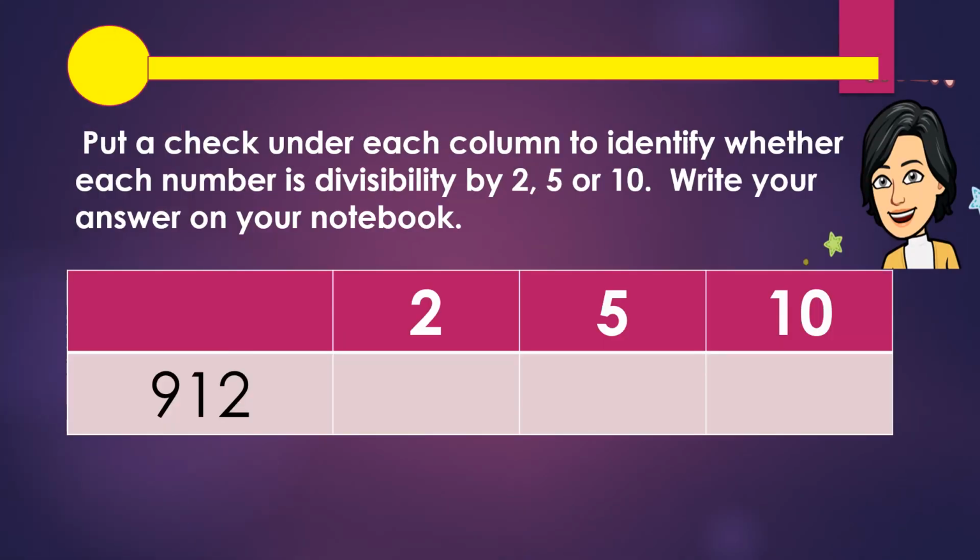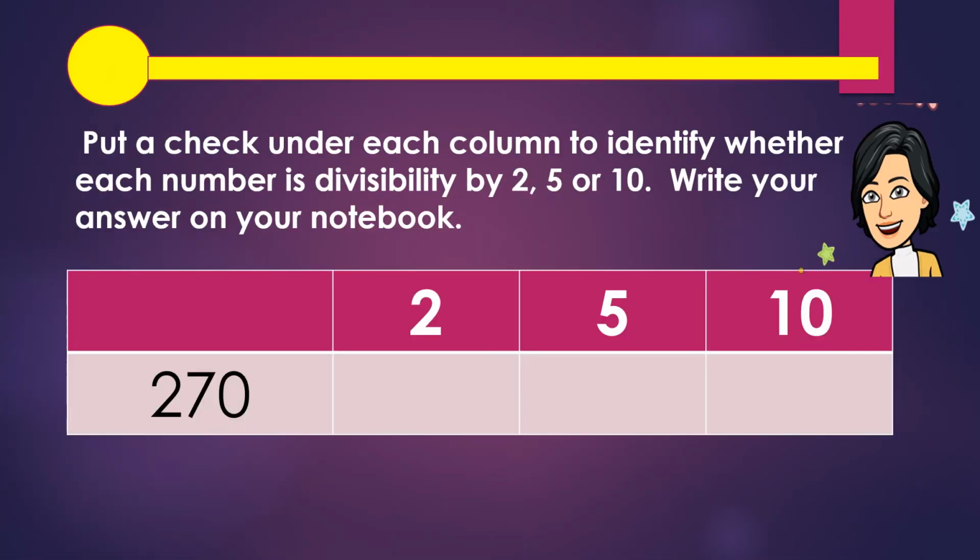Next. 912. Is it divisible by 2, 5, or 10? Answer is 2. Yes, because the last digit is 2. And that is an even number. Even number is divisible by 2. 270.